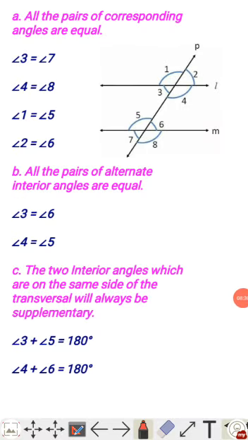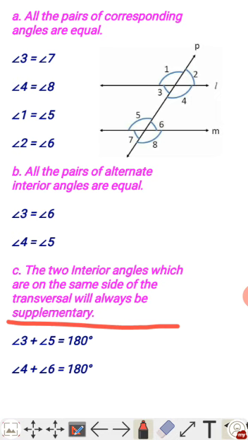Now the last is when the two interior angles which are on the same side of the transversal will always be supplementary. Now supplementary means what? Supplementary means having the total as 180 degrees, right?